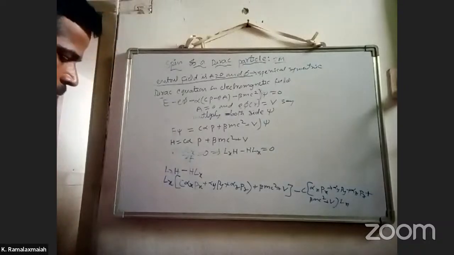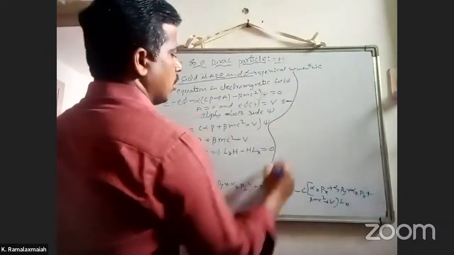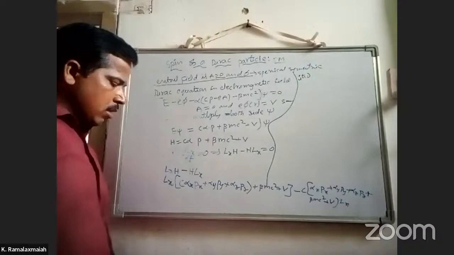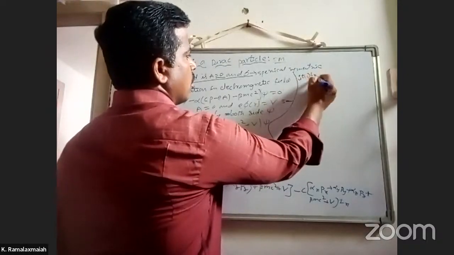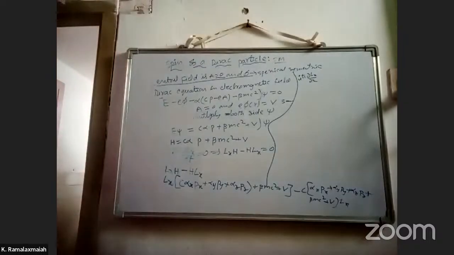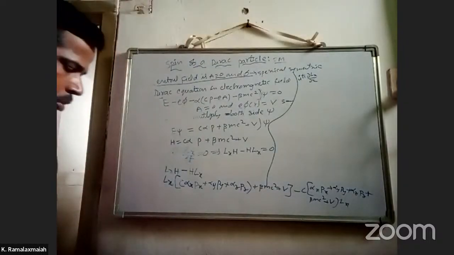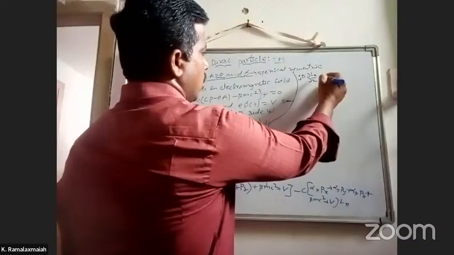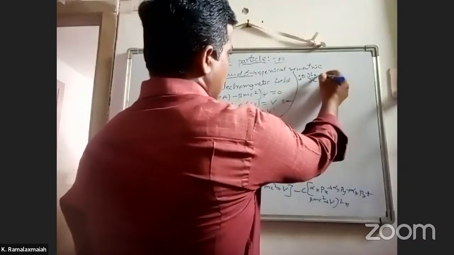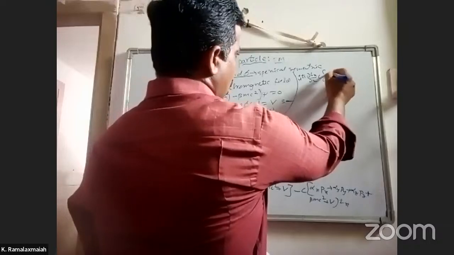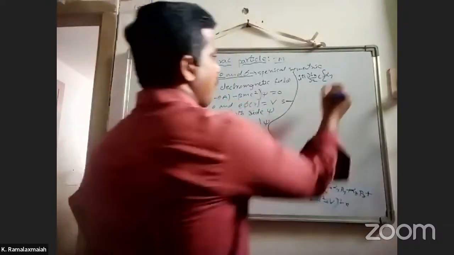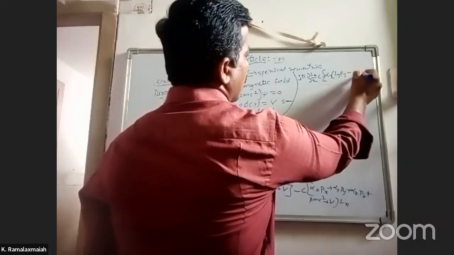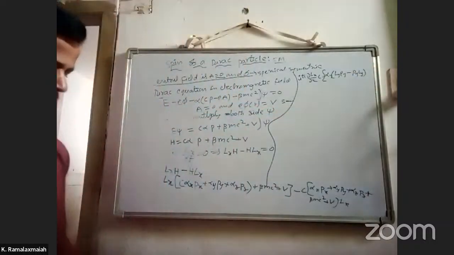That is equal to i h bar, and the commutator of Lx with Px gives C times the integral of alpha y Ly Py minus Py Ly.